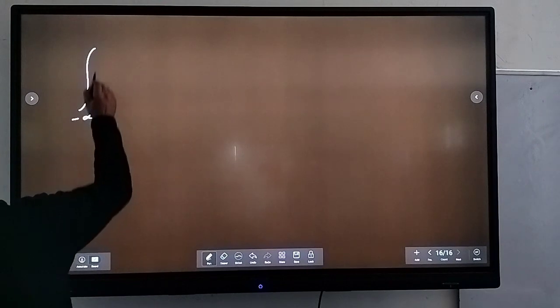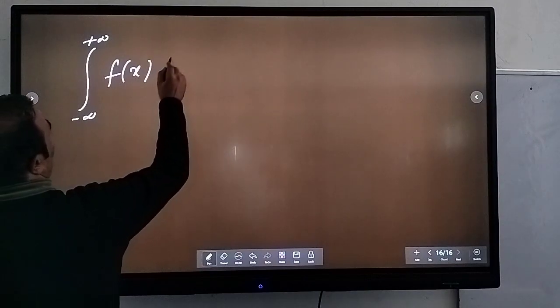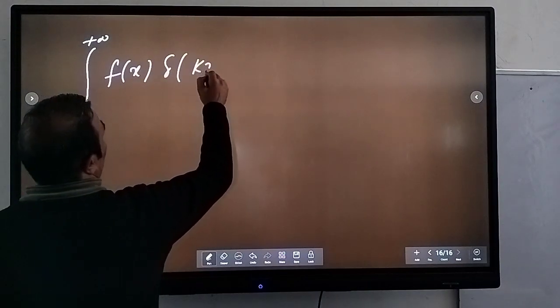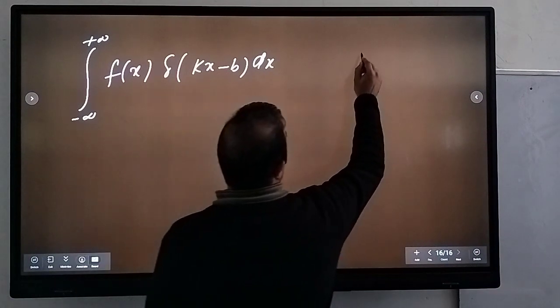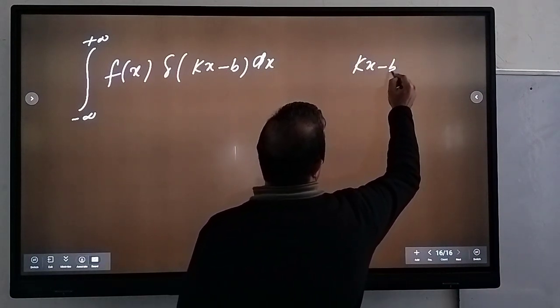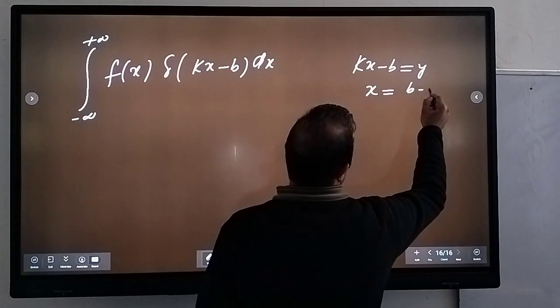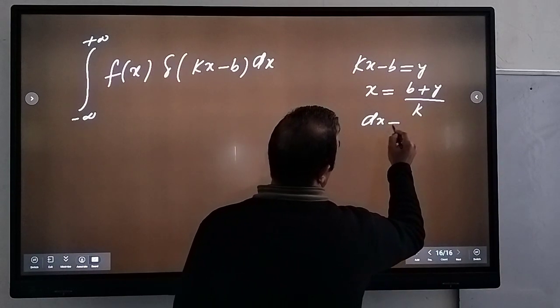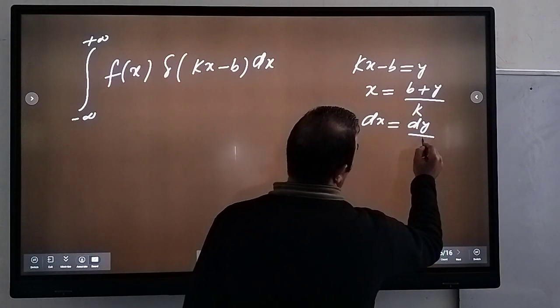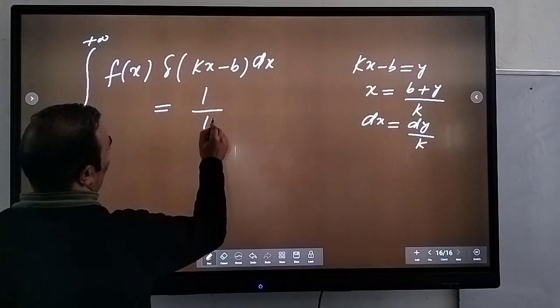So if I take the second integral from minus infinity to plus infinity f of x delta of that kx minus b dx, you need to check that kx minus b equal to y, x will be equal to b plus y by k, dx equal to dy by k. That means this will be equal to 1 by k.